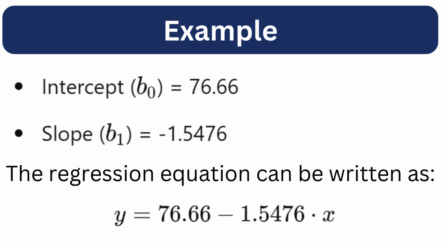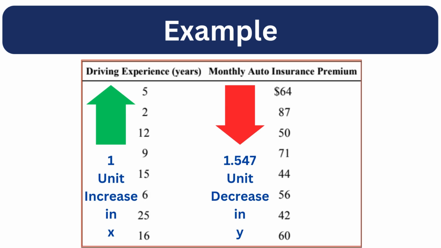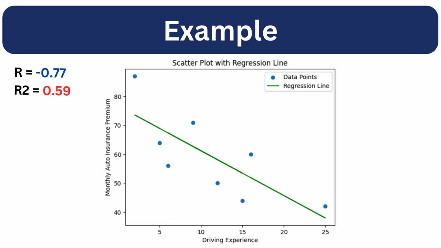A negative sign reflects that if one variable increases, the other decreases. So in simple terms, if we increase 1 unit in our independent variable, it will cause a 1.547 unit decrease in our dependent variable.